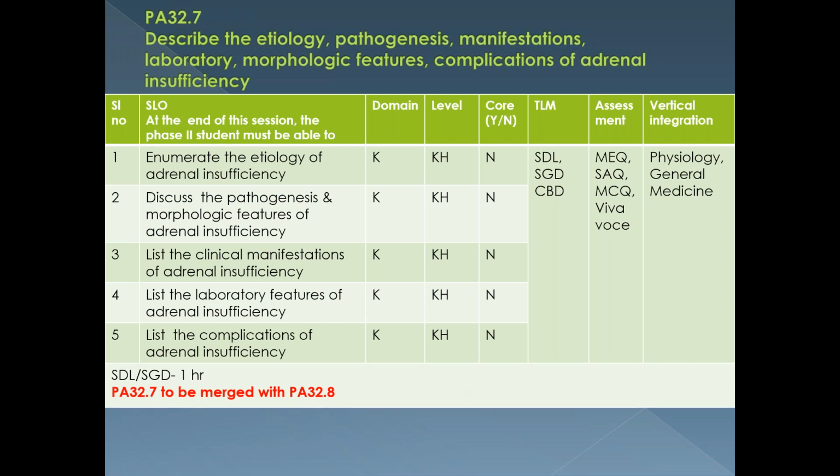The SLOs derived are to enumerate the etiology of adrenal insufficiency, to discuss the pathogenesis and morphologic features of adrenal insufficiency, to list the clinical manifestations, to list the lab features, and to list the complications of adrenal insufficiency.